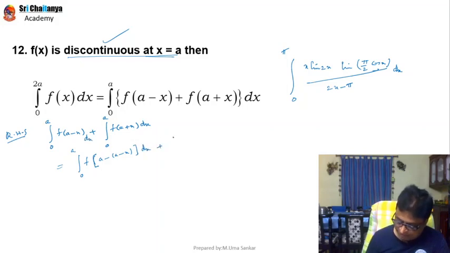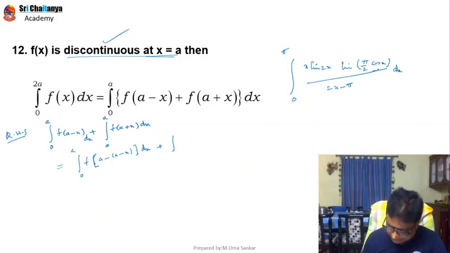But here, what I am doing is applying the shifting property that we just derived, in property number 9 or 10, something like that.